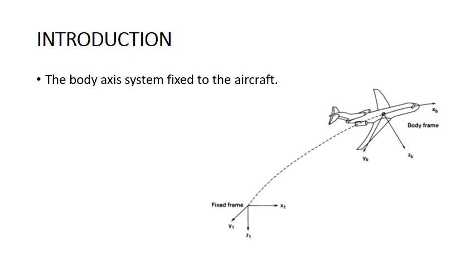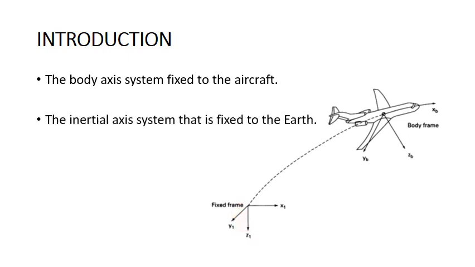On the other hand, the earth axis system is fixed to the earth, with its z-axis pointing to the center of the earth. Often, the x-axis is defined as north, and the y-axis is defined as east. The earth axis system is assumed to be an inertial axis system for the aircraft problems.